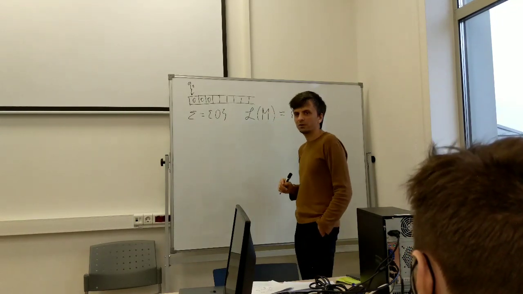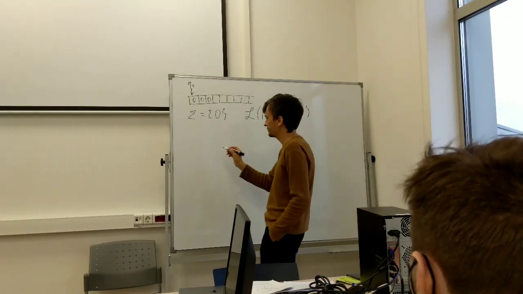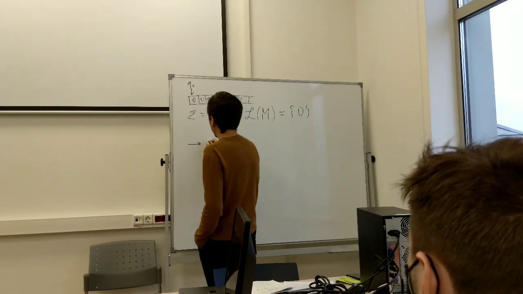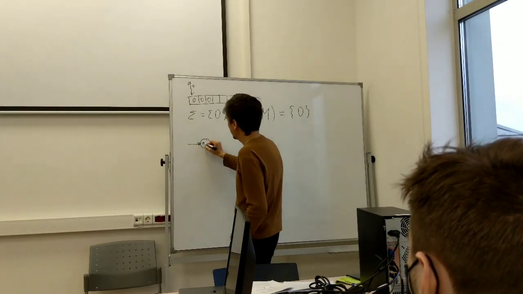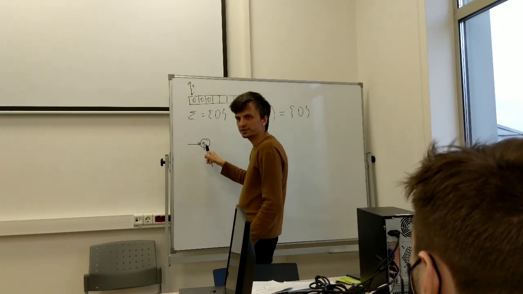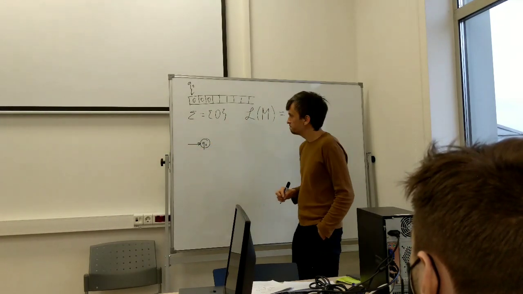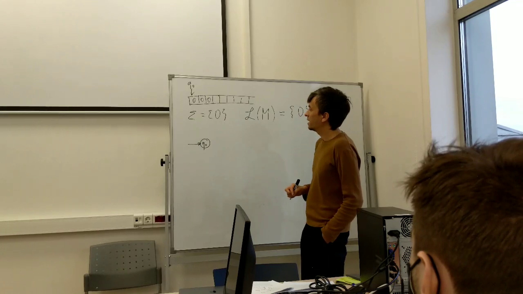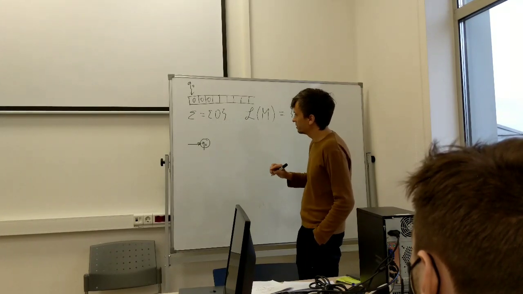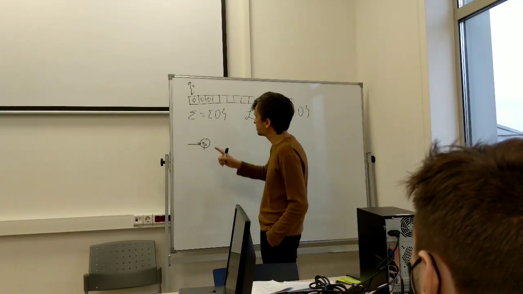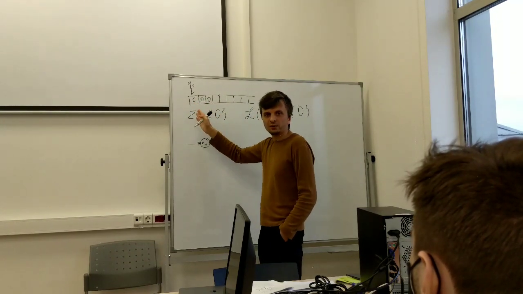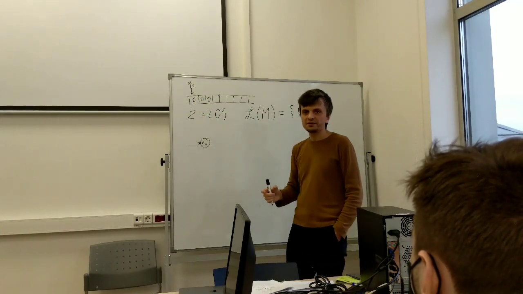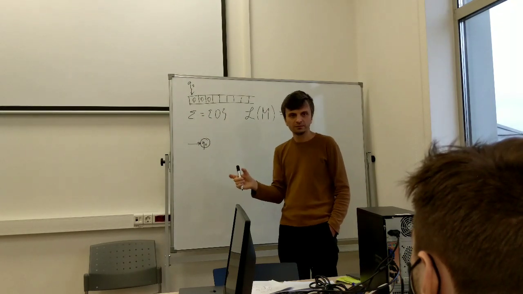So how could this machine operate? I will draw a kind of diagram. This is Q0, the initial state. The first thing the machine does is look at what's in the first cell. Here we can have two options: it's either 0 or the blank symbol.